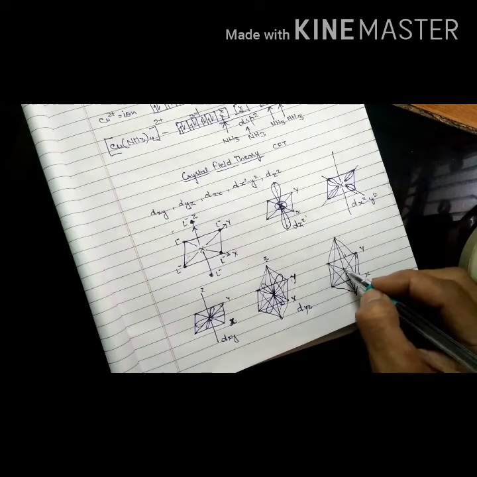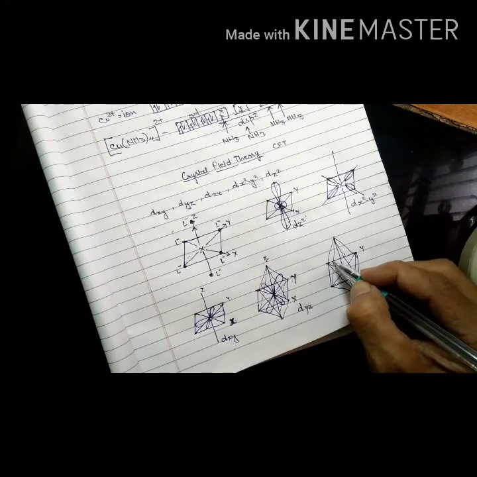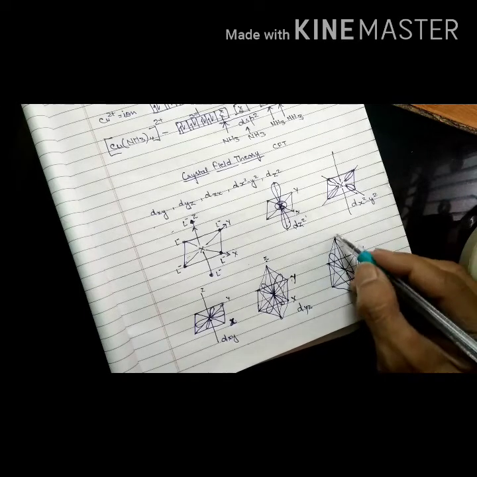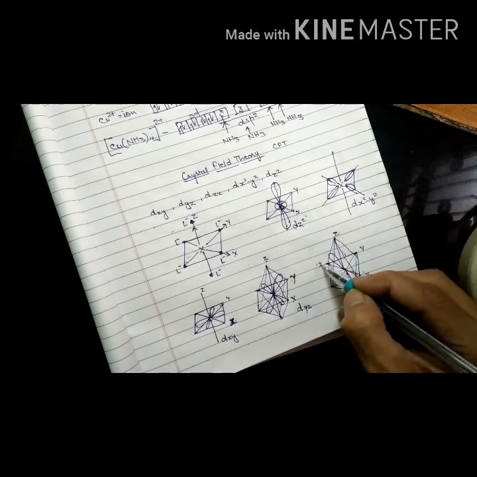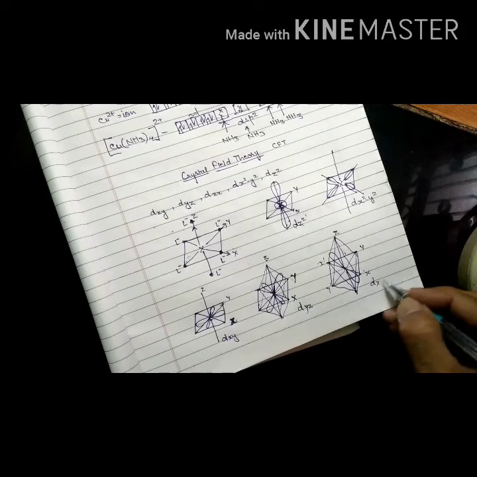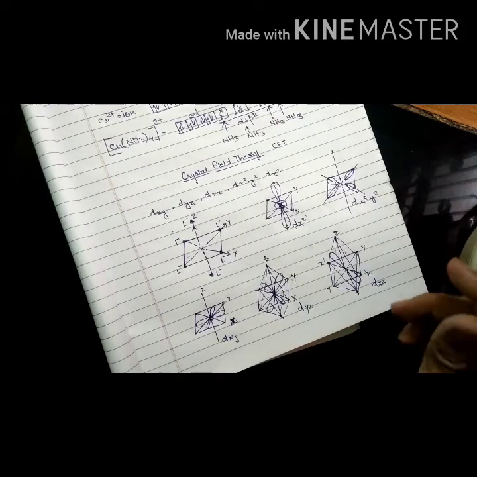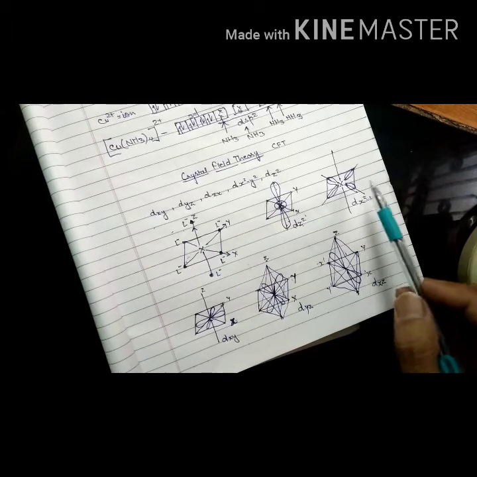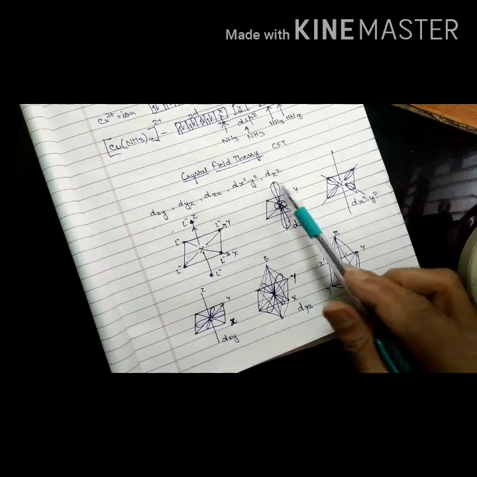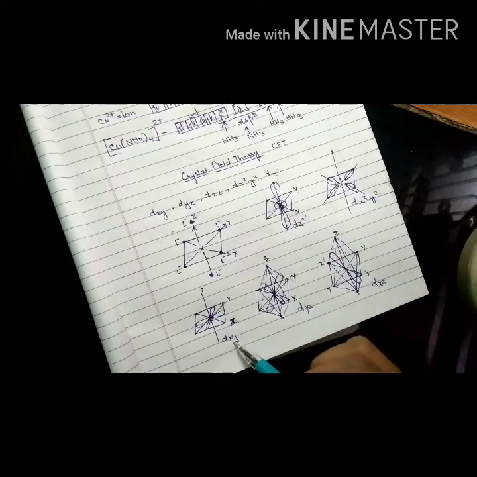And the orbital lies like this. This is the xz, this is the z, and this is the x axis. So this is called dxz. So they are the 5 orbitals and their positions. We have to note it down again that dz square and dx square minus y square lie on the axis, while dxy, dyz and dxz lie between the axes.